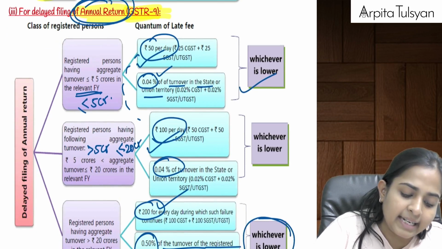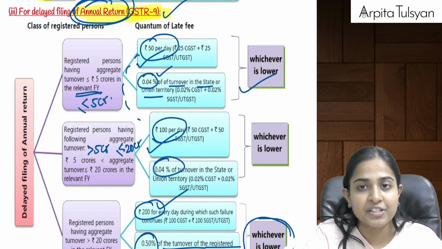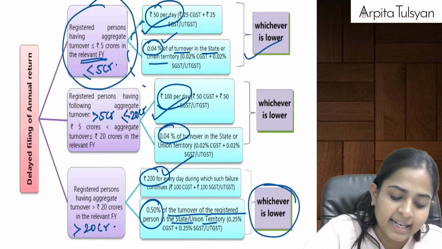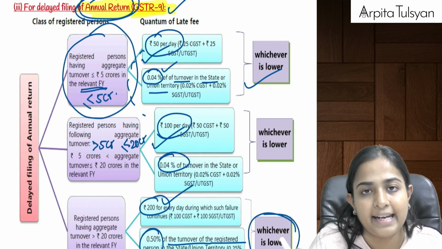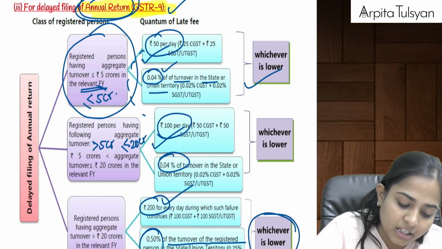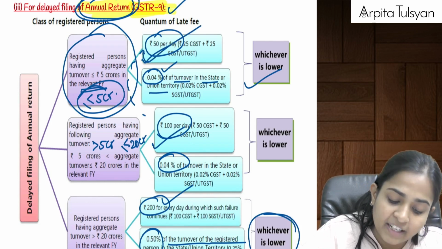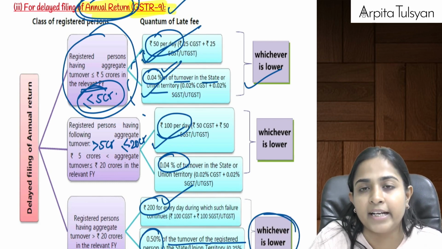If there was a delay in furnishing the annual return under GSTR 9 by 31st December, then suppose your aggregate turnover of that relevant financial year for which you delayed filing the annual return is up to 5 crore, then 50 rupees per day or 0.04% of the turnover in that state or union territory.